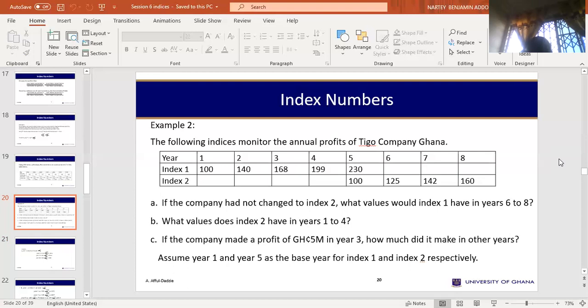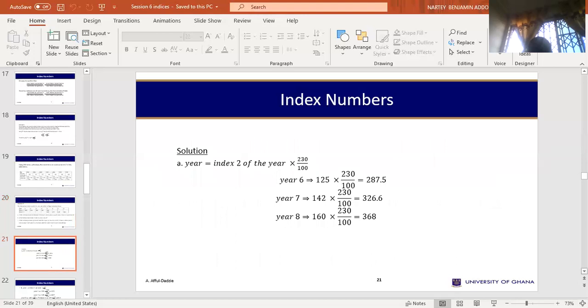If year 5 is the base year for index 2, and I want to calculate the index for years 6, 7, 8.